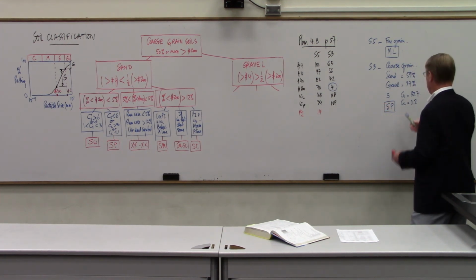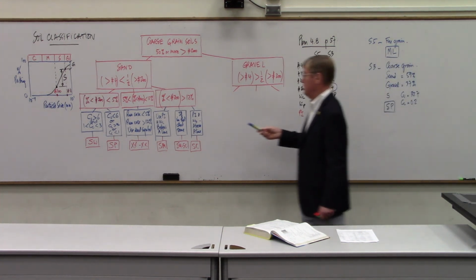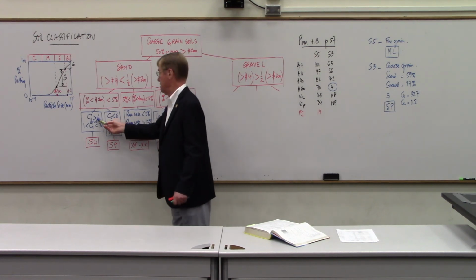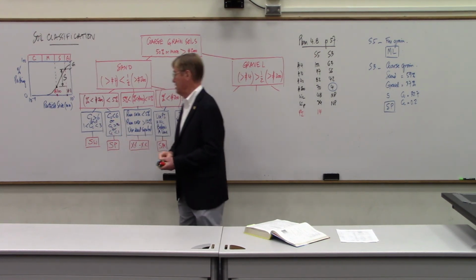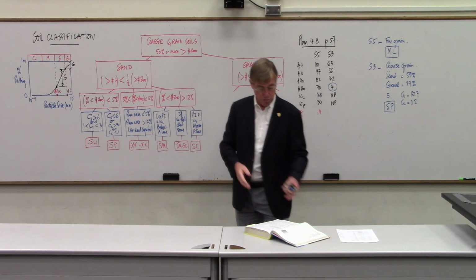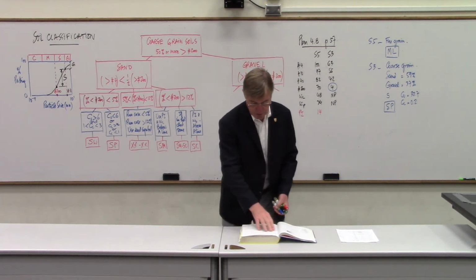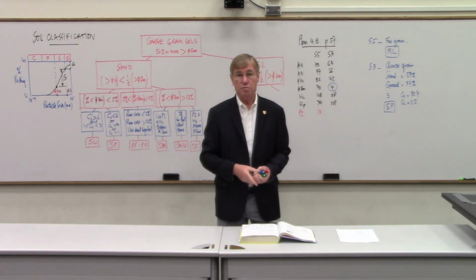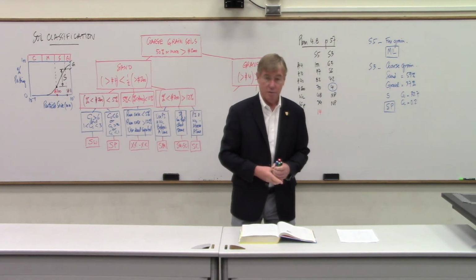So 32.7 was higher than this, so therefore I fit here and I had an SP. Okay? So you have some other problems that you can practice with, but I will see you next time.